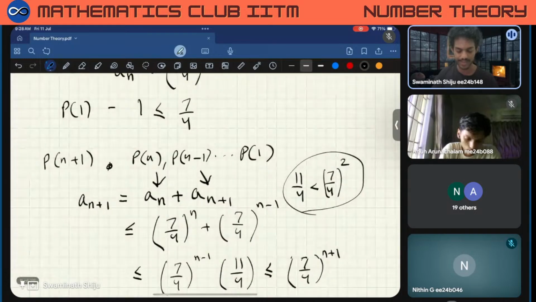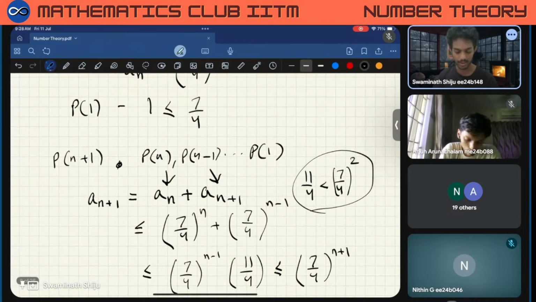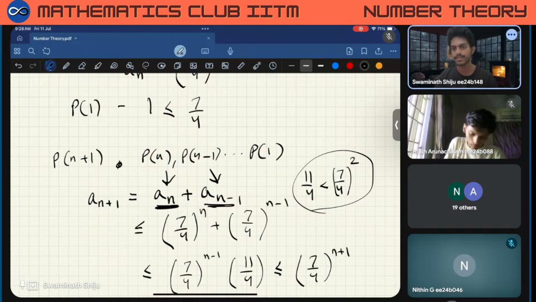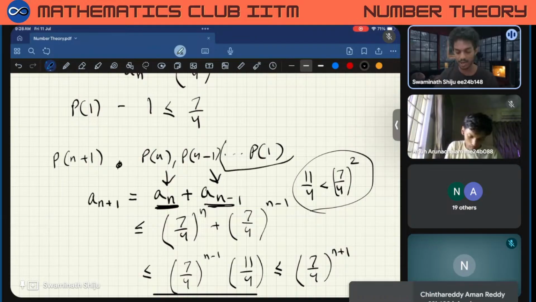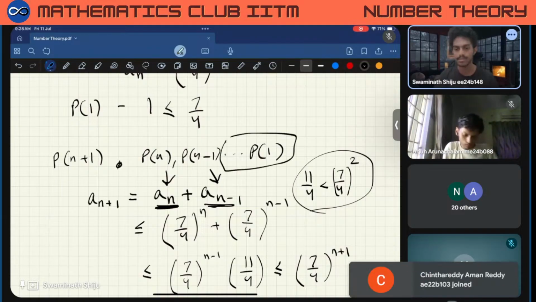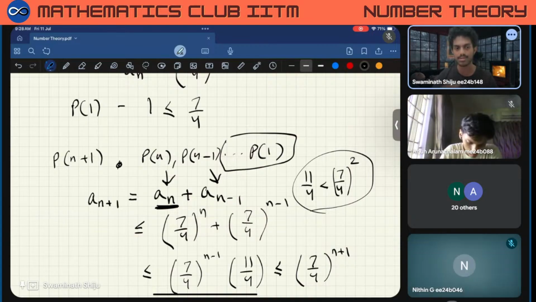So you see how weak induction would not have worked here. We needed to know for an and an minus 1, then only this would have worked. I mean, technically we didn't need all of this, but this is just strong induction. Sometimes you need the power of everything behind you to help prove the next statement.